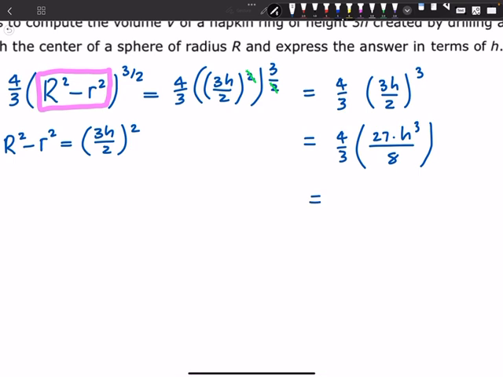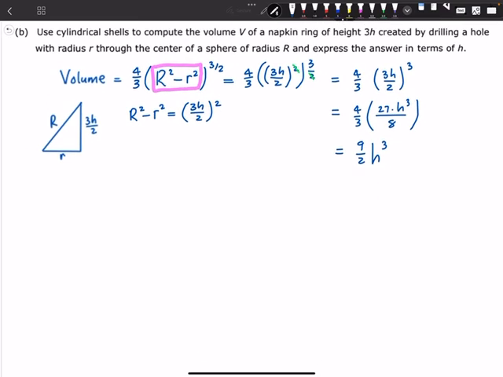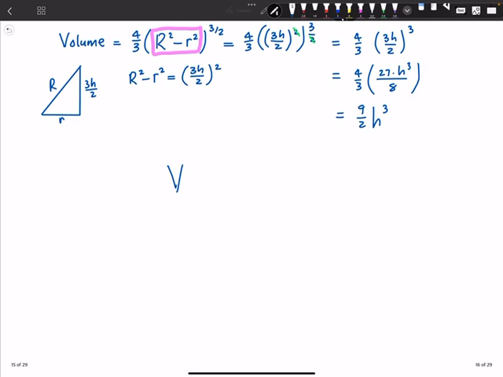And finally, this is equal to just 9 over 2 pi h cubed. Now keep in mind, this is the volume. So the volume for each one of those napkin rings is going to be 9 over 2 pi h cubed.